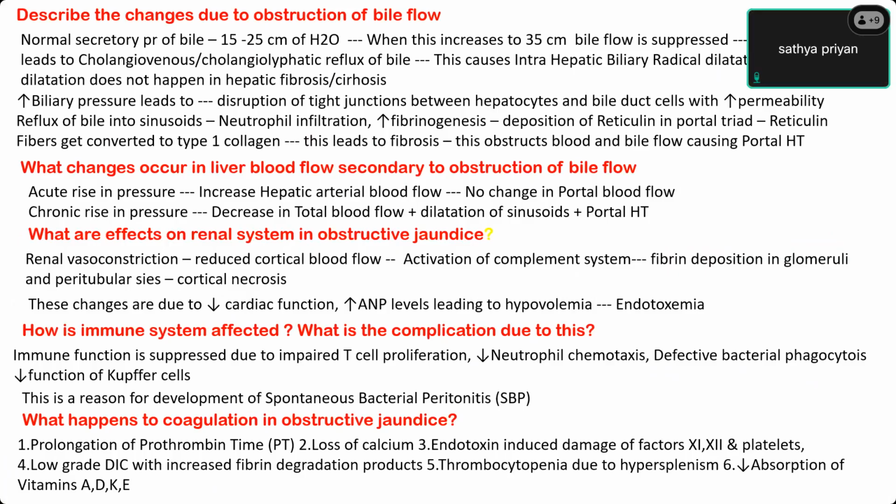So these 5 parameters are used for assessing CPT. That is applicable for a patient with obstructive jaundice also, whereas other scoring systems will not be applicable, and you should not say them for assessing the risk in obstructive jaundice.